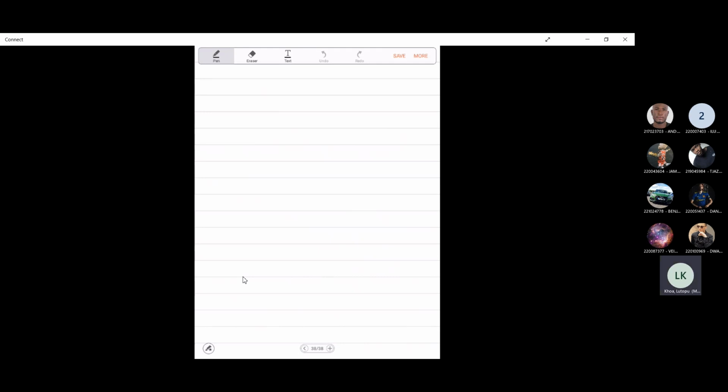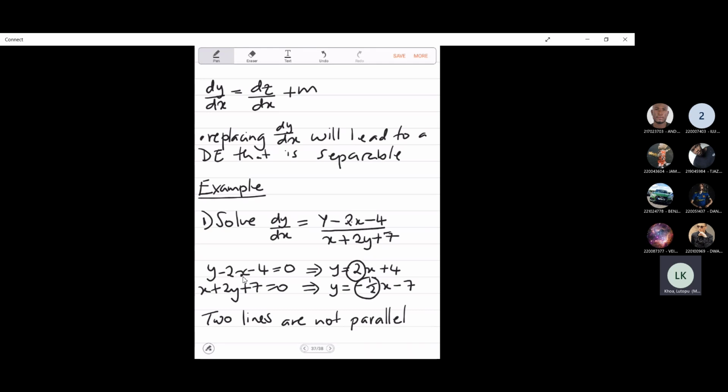Okay, I will rewrite this. I'll just use substitution since I have y is equal to 2x plus 4 and y is equal to minus half x minus 7.